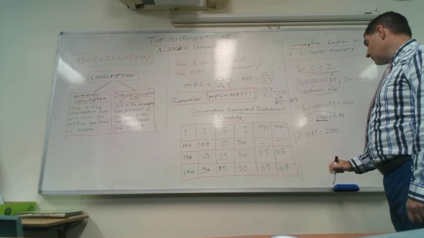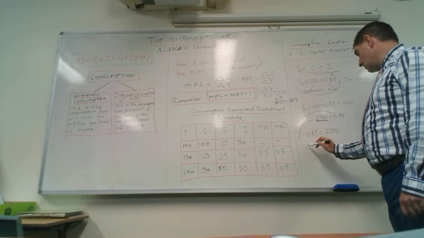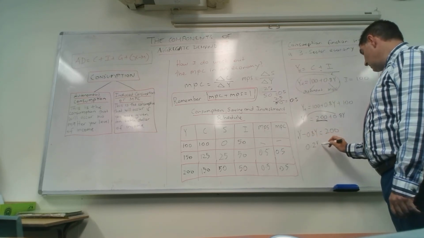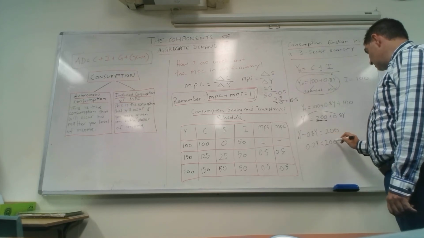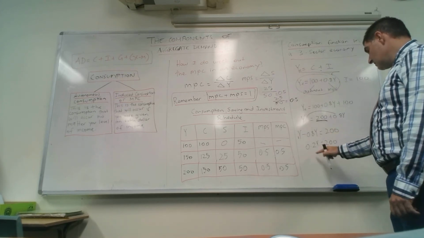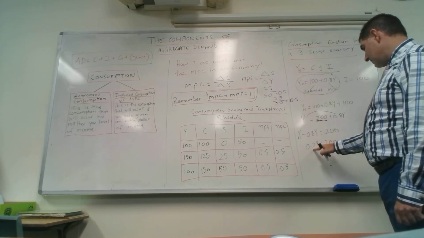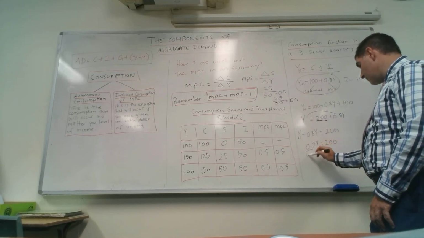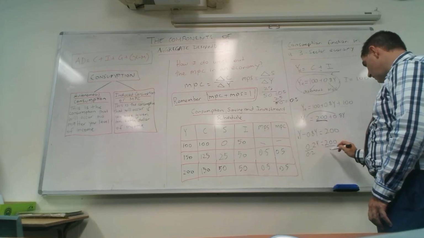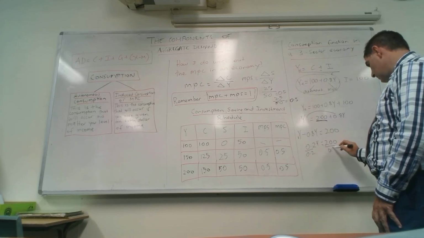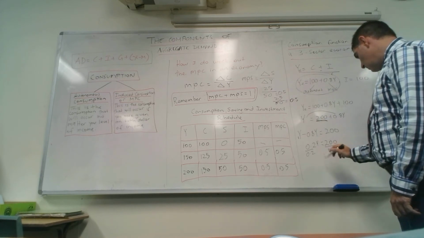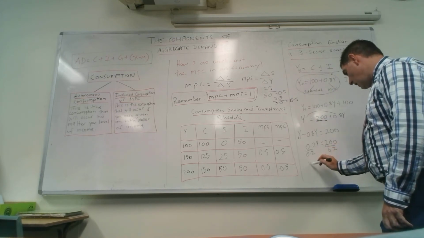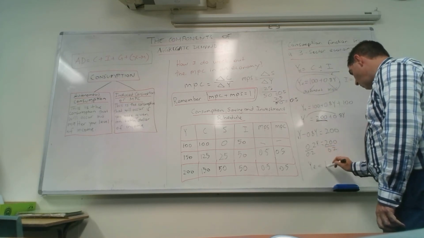Remember, that's a 1y. So 1 minus 0.8 is 0.2y equals 200. And so we want to get it to a y, so you divide by 0.2, divide by 0.2, and then we get y at equilibrium equals 1,000.